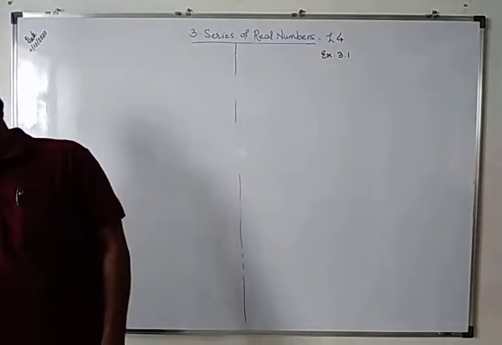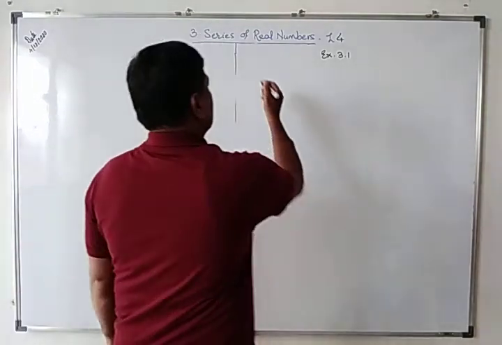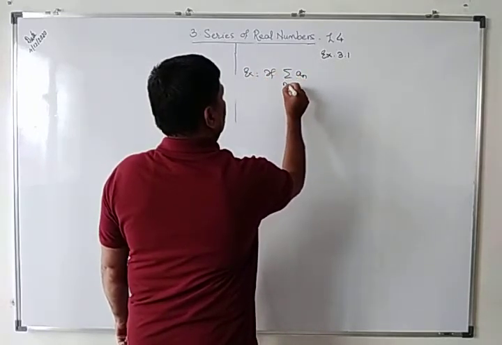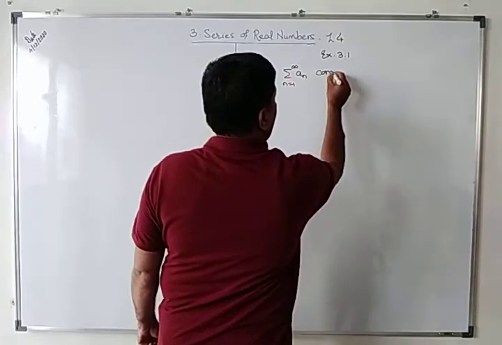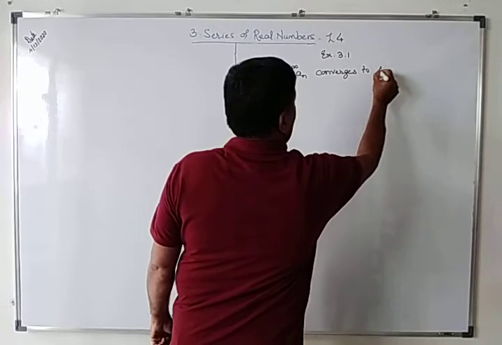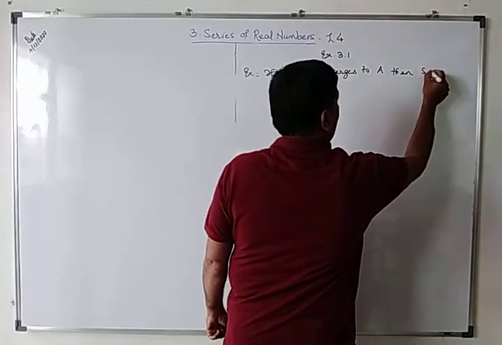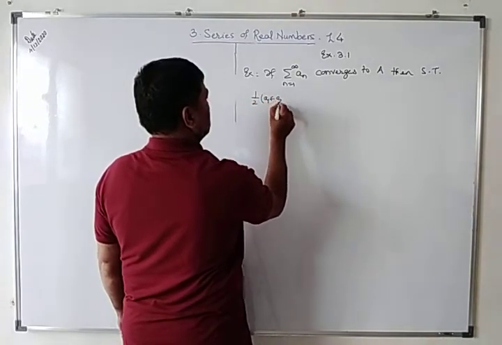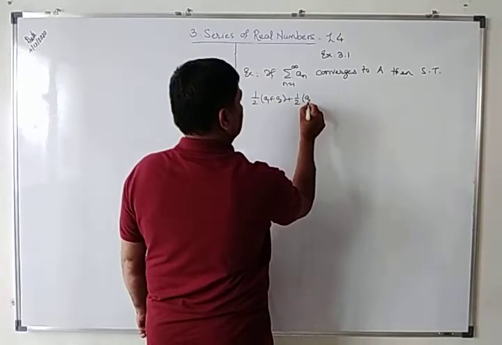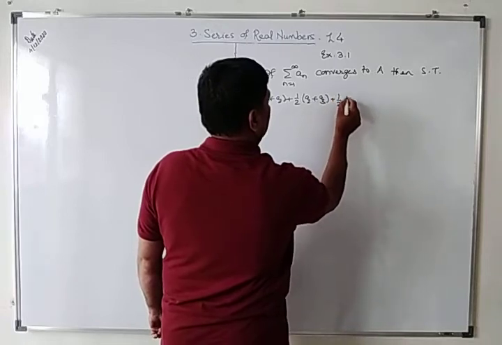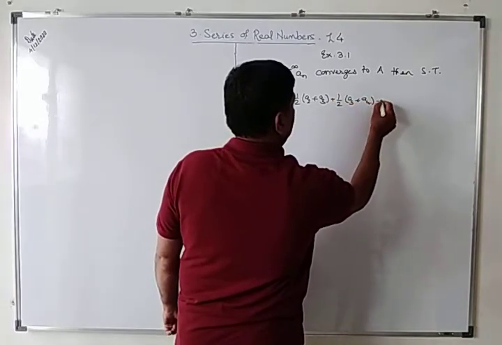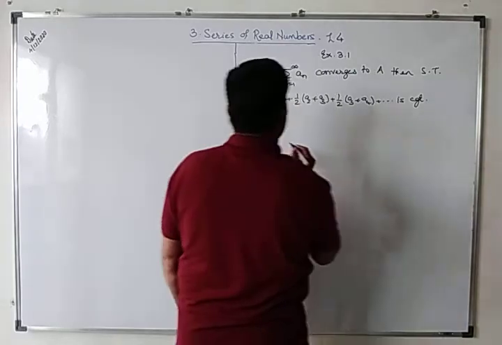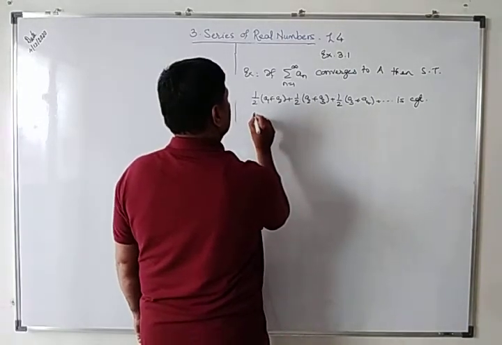So we'll take the example: if the summation of a_n, n equal to 1 to infinity, converges to a, then show that 1/2 times (a1 plus a2) plus 1/2 times (a2 plus a3) plus 1/2 times (a3 plus a4) and so on is convergent. Find the sum of the second series.